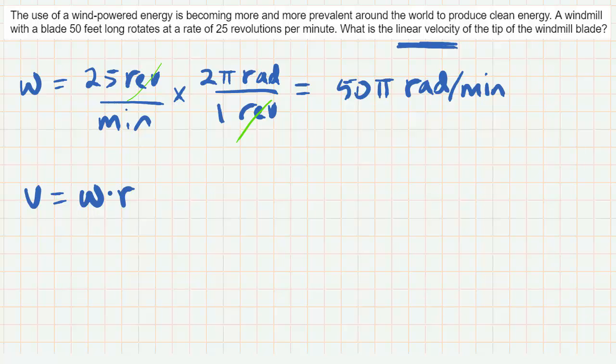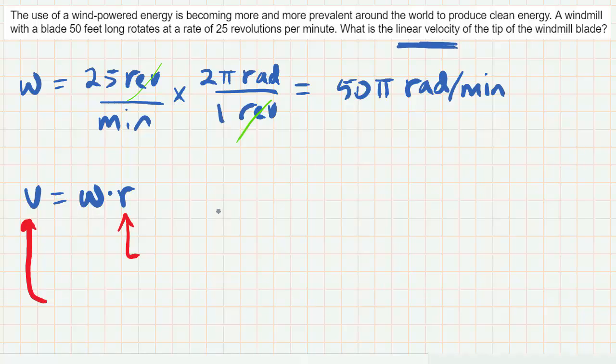So notice that as the radius, the distance from the axis of rotation, increases, the linear velocity increases. So in other words, the further we are from the axis of rotation, the larger the linear velocity will be.